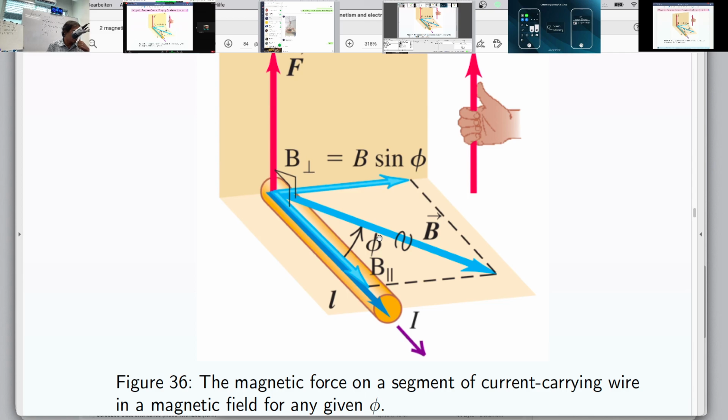According to the arrow of turning direction here, you will get the thumb direction, which is the rotation axis here. You get the direction of the induced force in this way.